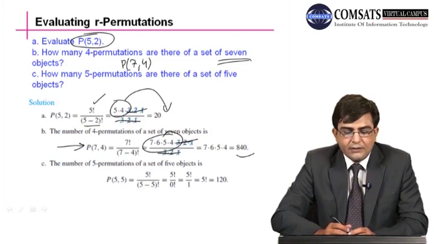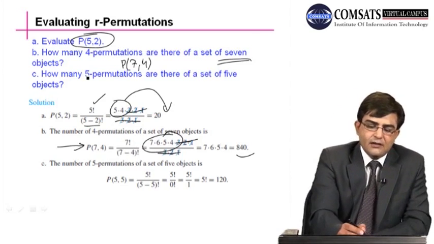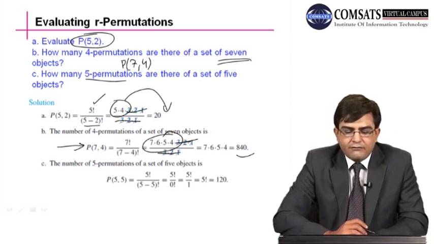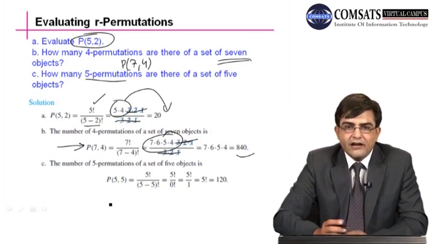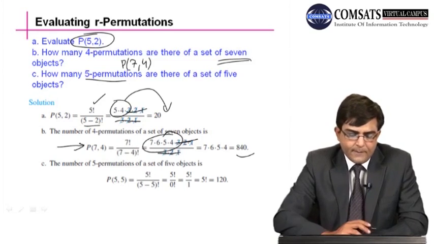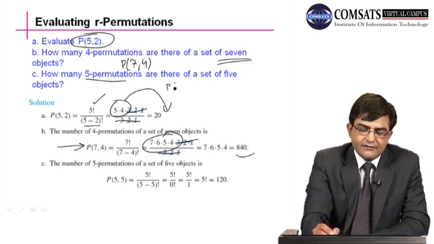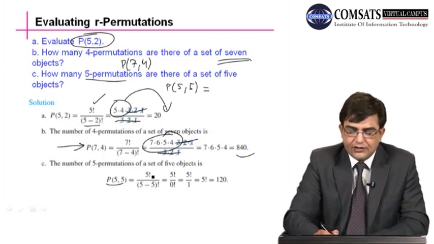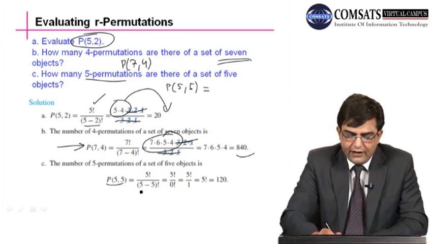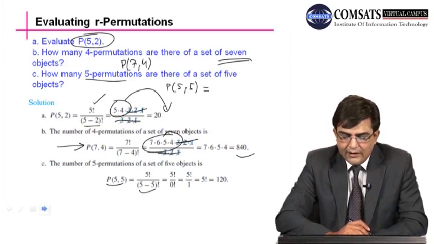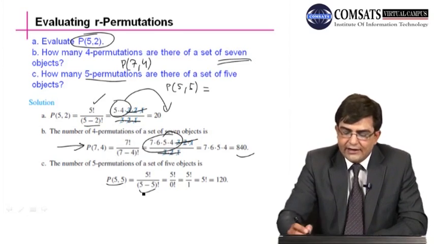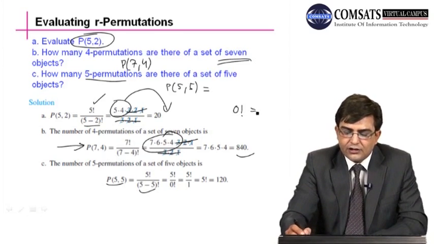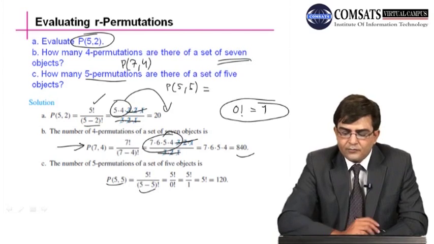The next is how many 5 permutations are there of a set of 5 objects. Here we have to calculate the permutations of all elements of a set, meaning 5 permutations out of 5 elements. This will give us p of 5 5, and we can calculate this using the formula 5 factorial over 5 minus 5 factorial. 5 minus 5 factorial is 0 factorial, and I have told you that this is equal to 1.